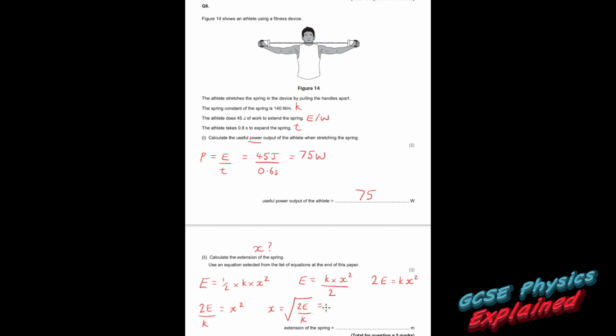Pop the numbers in. And that equals 0.80, or just 0.8, because again, that was to 1 decimal place. That's the greatest number of decimal places.